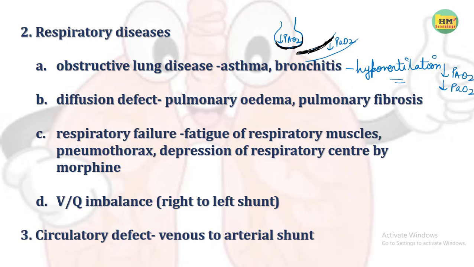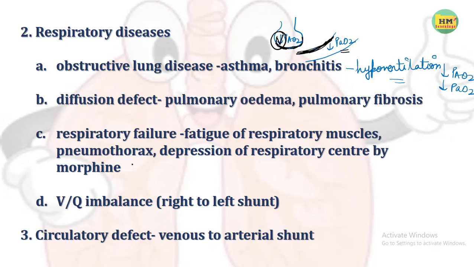So the diffusion will decline as the thickness of the membrane increases. So even though the alveolar PO2 is normal in the case of diffusion defect, the arterial O2 is decreased because there is a defect in diffusion.